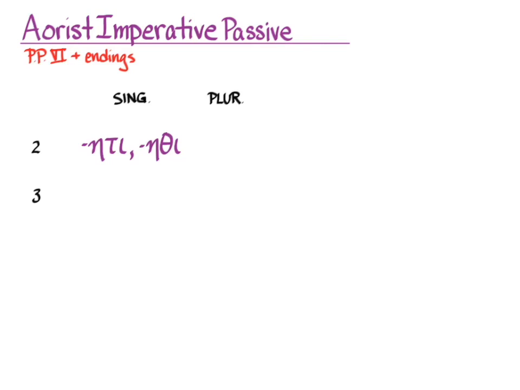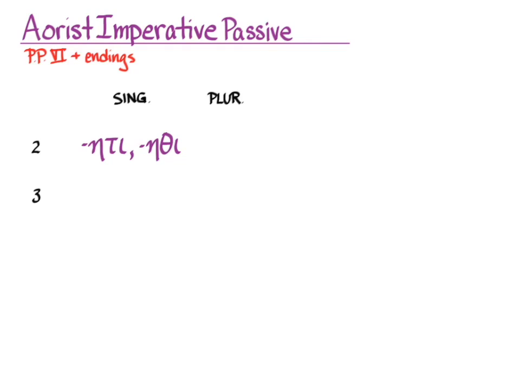And so since most sixth principal part stems end in a theta or other aspirate, most of the time the ending for the second person singular is going to be ti to keep those aspirates away from each other. Occasionally, you will have a sixth principal part whose stem ends in an unaspirated consonant, like, for instance, eblabhe, and therefore you can have the aspirated version of the second person singular ending and get blabethi to mean be hurt.